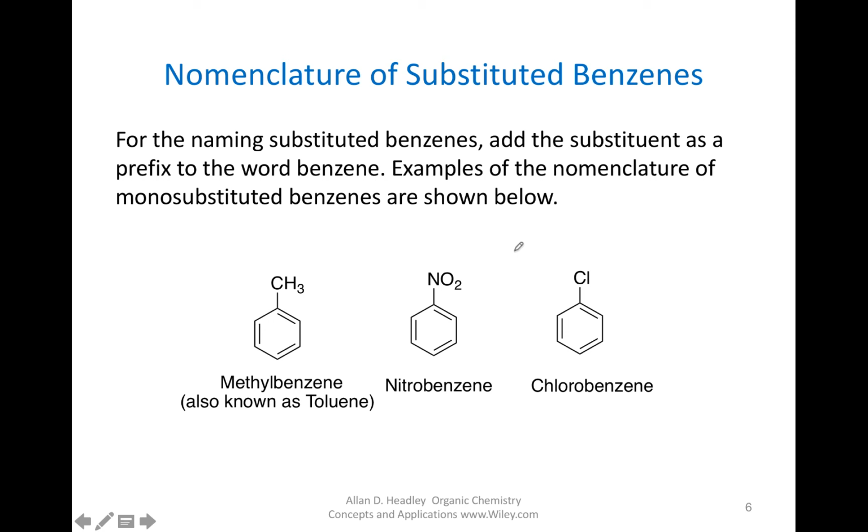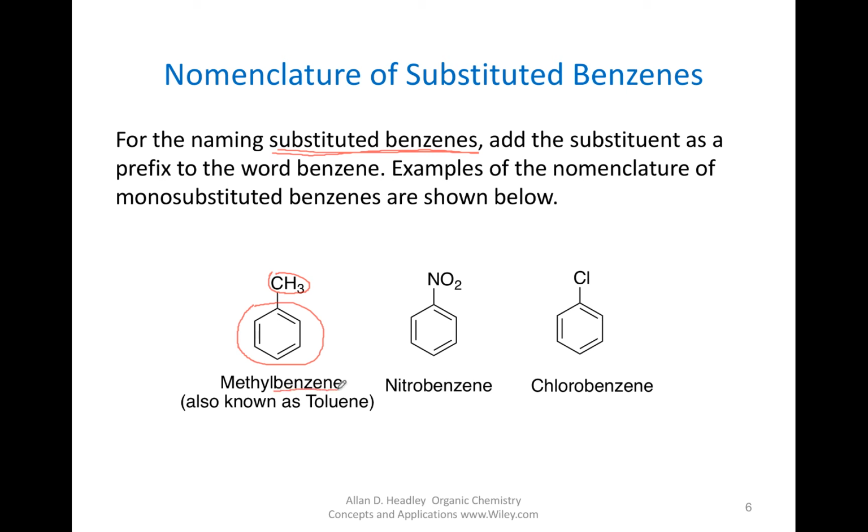Next, let's look at the naming of substituted benzene. Let's start with the monosubstitution. So here we have the benzene ring, as you can see here, and this group here is a methyl group. So basically we name it by just adding a methyl as a prefix to benzene.